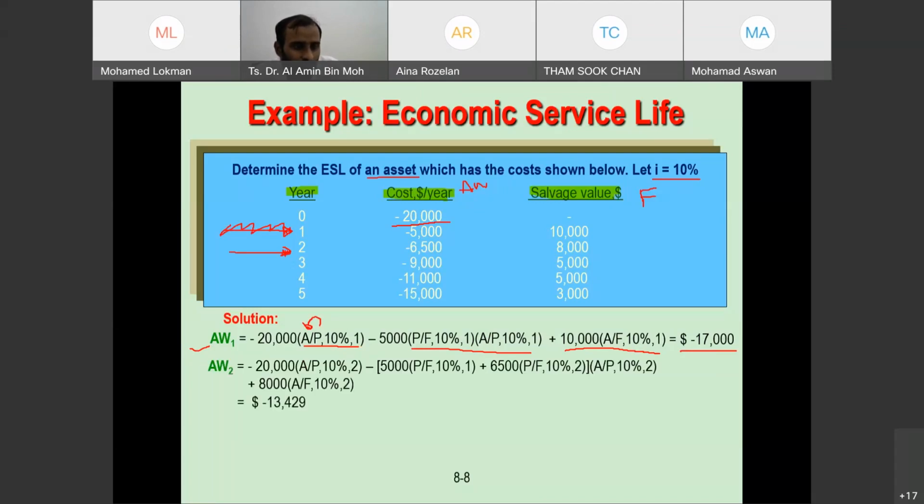So I give you the answer. So minus 20,000. Now n is 2. And then you're going to calculate this 5,000 and this 6,500, right? And then this 8,000. Why you don't include this 10,000?